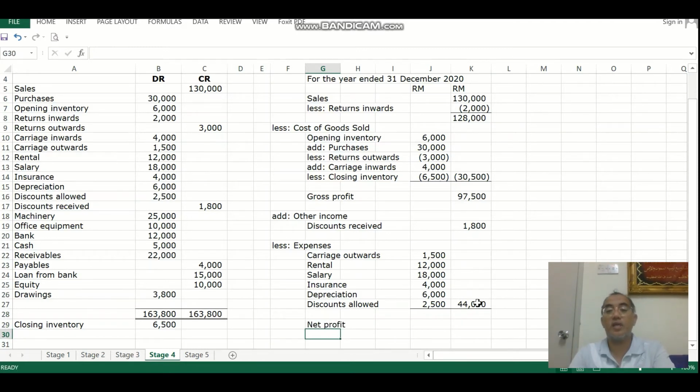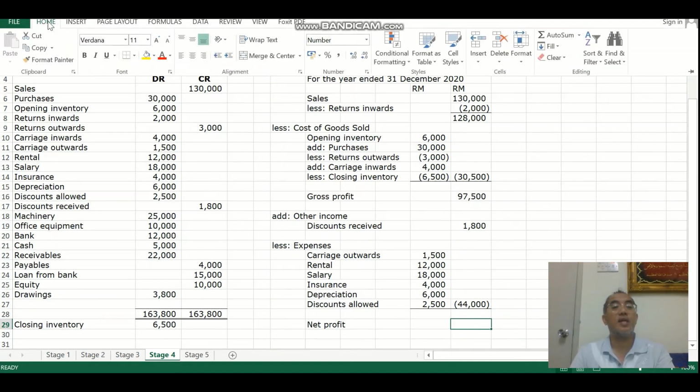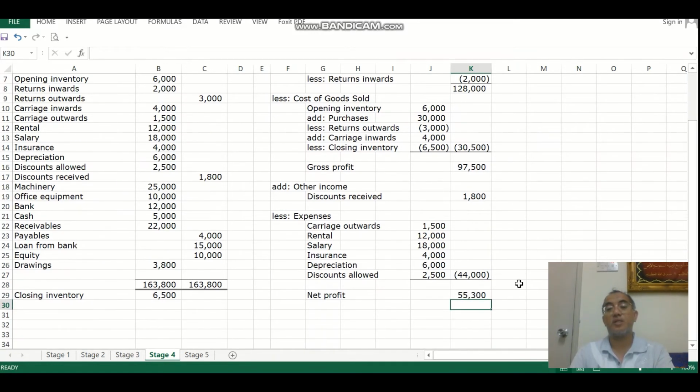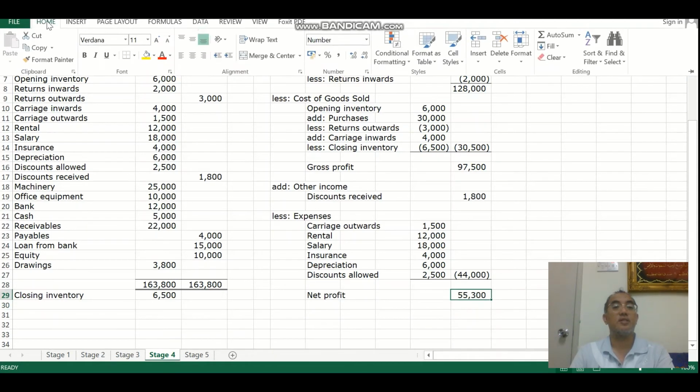Before that, because this is less, I have to show this with a negative sign. Okay, now let us look at how much net profit we get. From the gross profit, add other income, minus your total expenses. Your net profit now is 55,300.